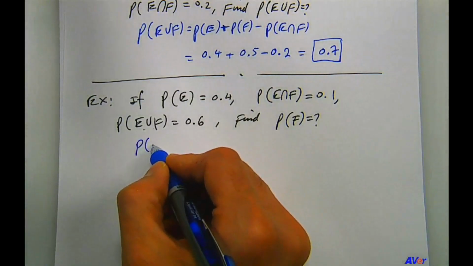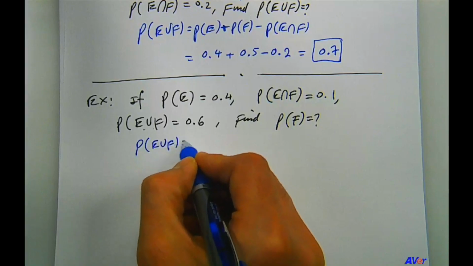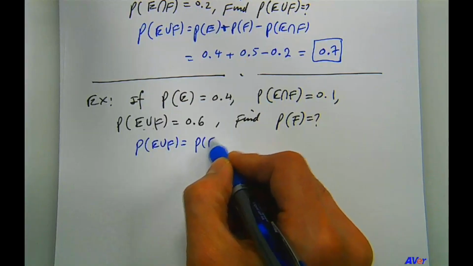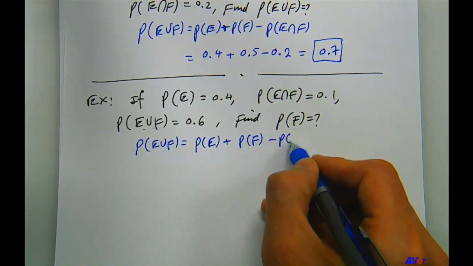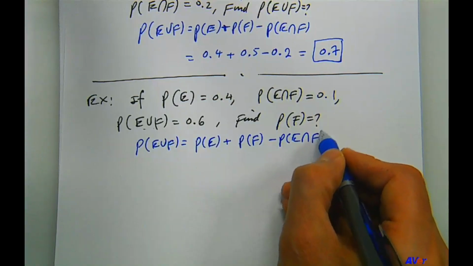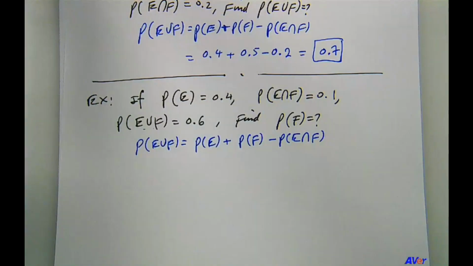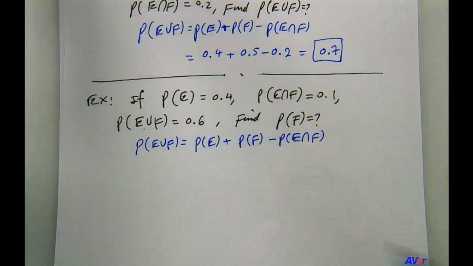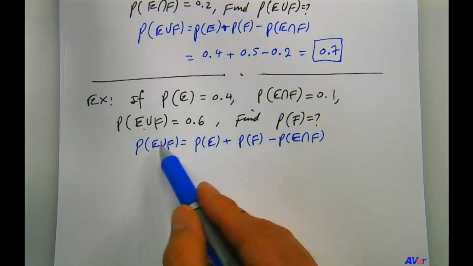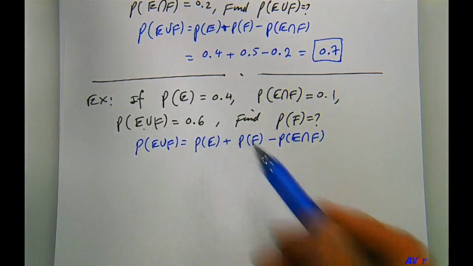So let's write that down. Probability of E union F is equal to probability of E plus probability of F minus probability of E intersection F. By the way, like anything else in algebra, you can manipulate this formula algebraically. You can move this to the other side and make this coefficient negative.